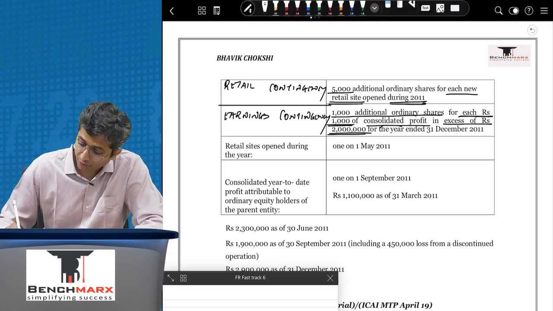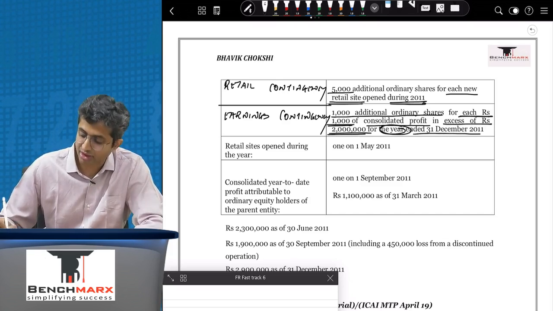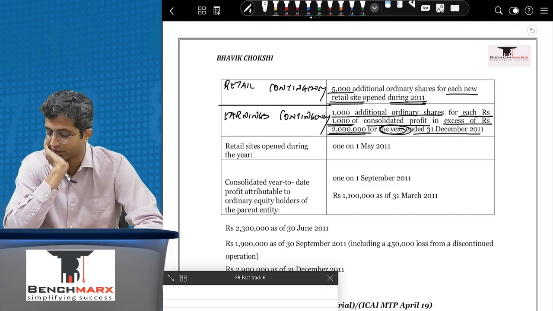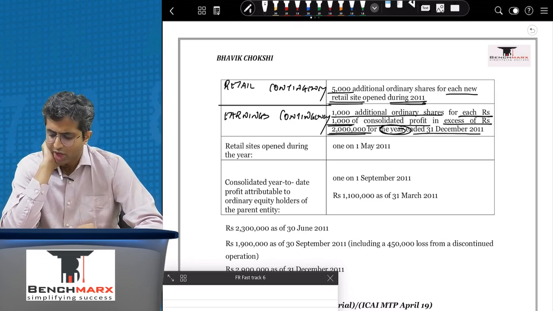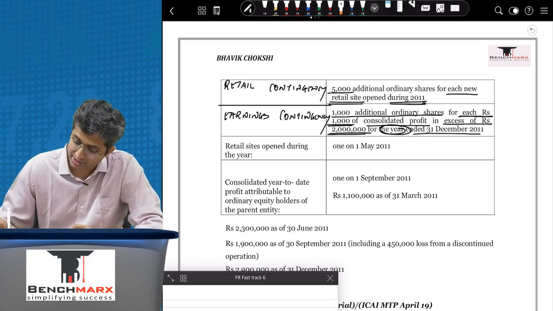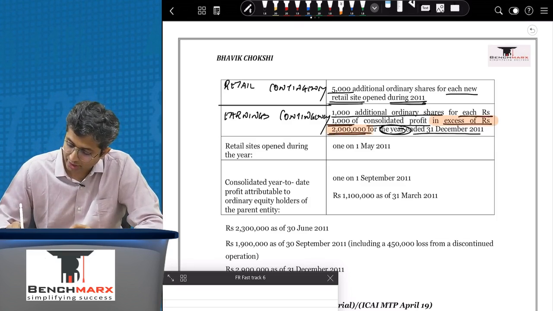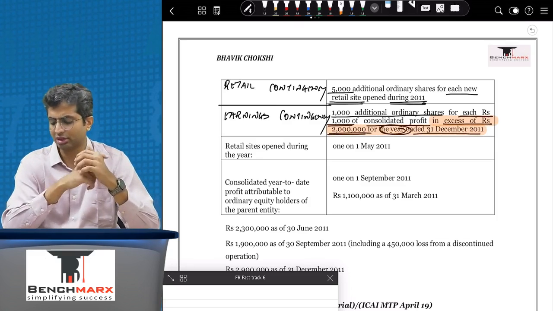20 lakhs for the entire year ended 31st December 11.